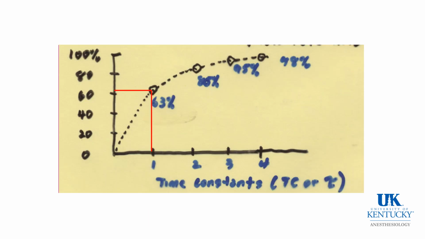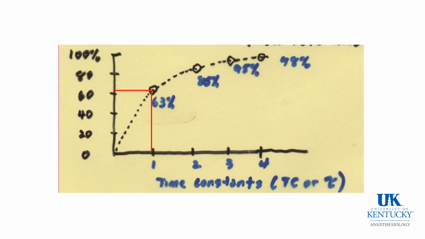So this shows the course when you start adding a drug to the blood or adding an inhalation agent to the circuit. How long does it take for the concentration that you add, let's say it's 1%, to reach 100% of the dialed concentration?